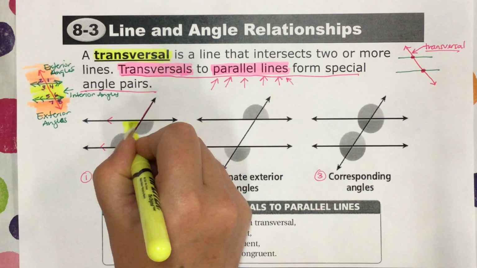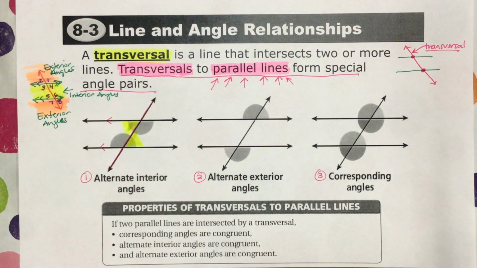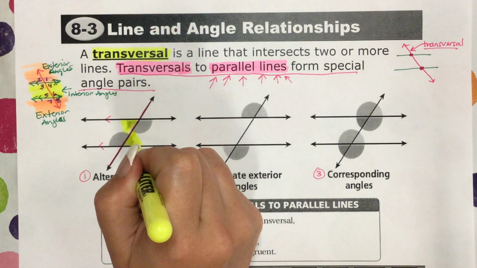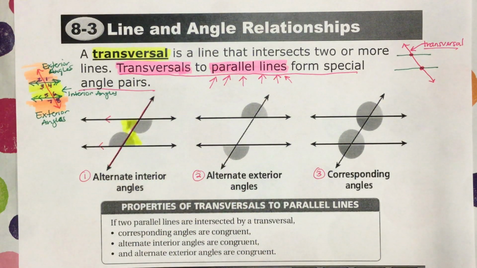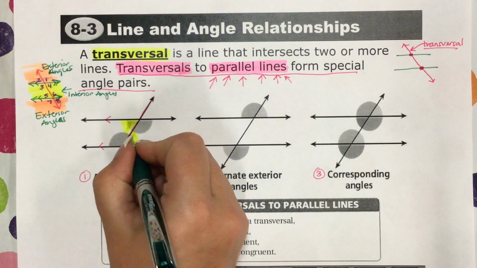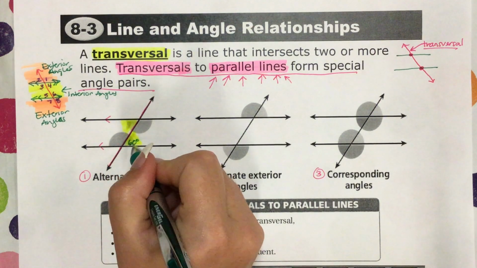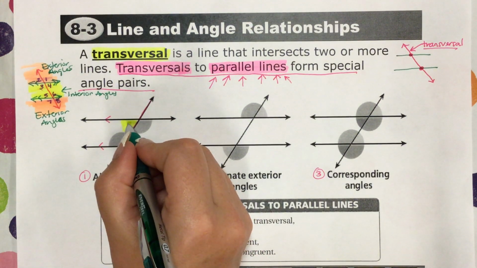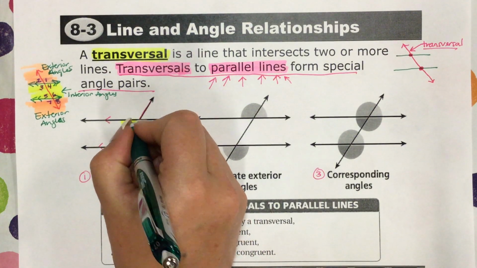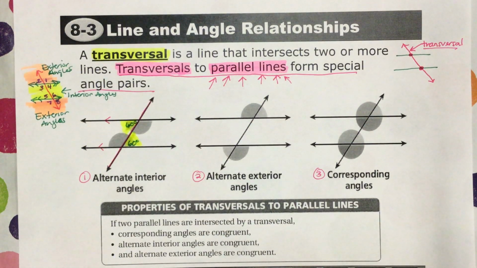These two angles, believe it or not, are congruent. These are alternate interior angles. So let's say this angle, we know these lines are parallel. This is 60 degrees. That means because of alternate interior angles, that this angle is also 60 degrees. They're congruent. They are the same. But that's not it.